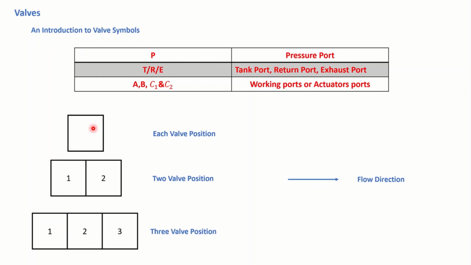If it has two squares, as you can see in here, it can have two positions. And if it has three square shapes, as you see in here, it means that it can have three different possible positions. And the arrow is basically representing the flow of air and the direction that flow can have.